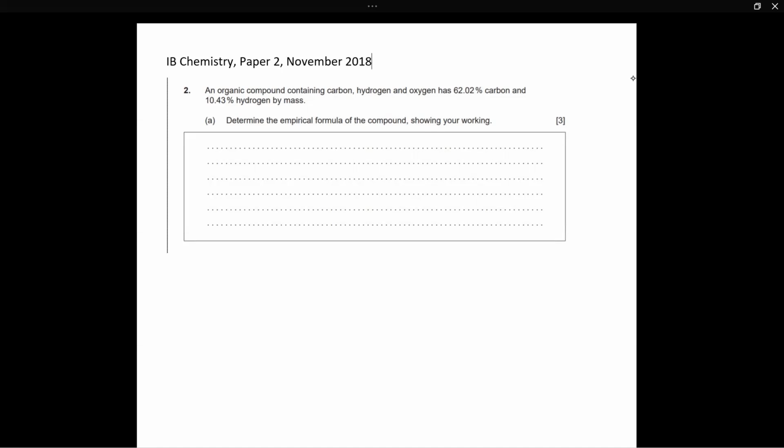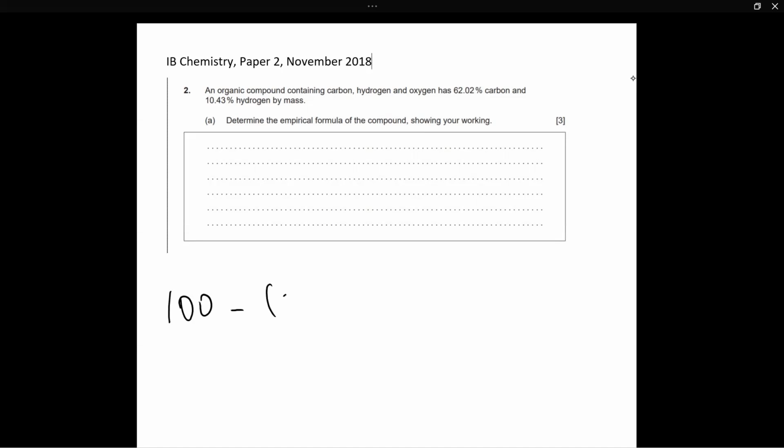So an organic compound containing carbon, hydrogen, and oxygen has 62.02% carbon and 10.43% hydrogen by mass. And notice how they have not told us the percentage of oxygen. And that's simply because we can calculate the percentage of oxygen by doing this.